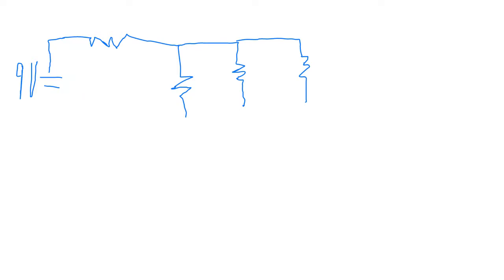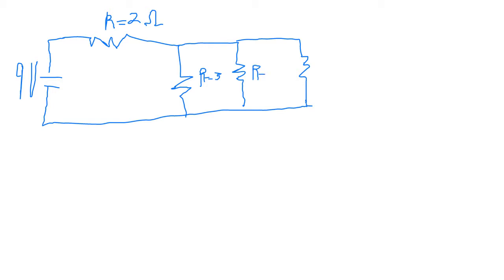The plot thickens. This resistor is equal to 2 ohms. Let's mix it up. This resistor is equal to 3 ohms. This resistor is equal to 5 ohms. And this resistor is 6 ohms.